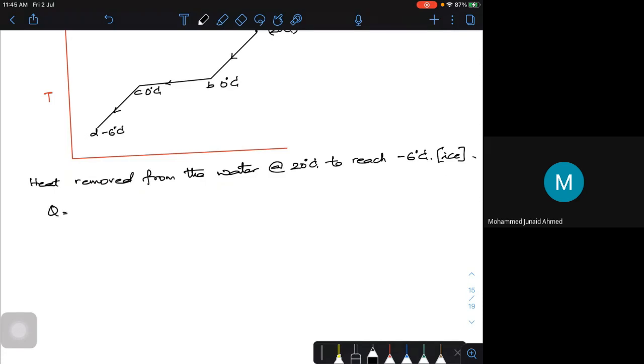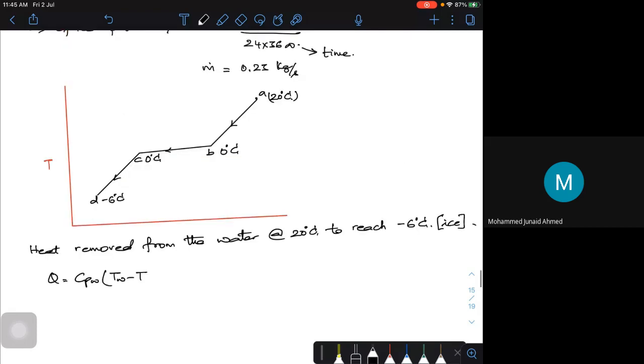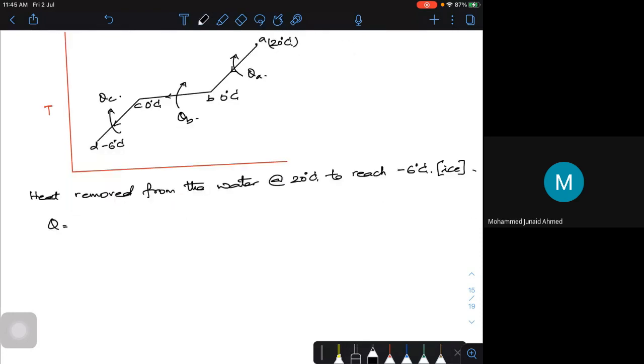First, it is Cp of water times the temperature difference. See how much heat I need to remove. Let me call these QA, QB, QC. Let me write that, then you will understand. The total heat removed is QA plus QB plus QC.